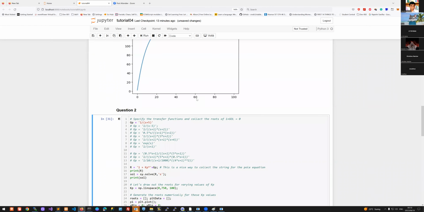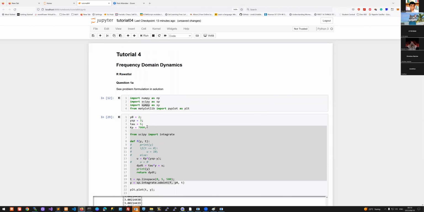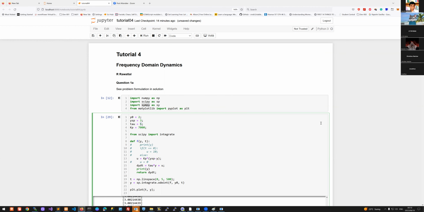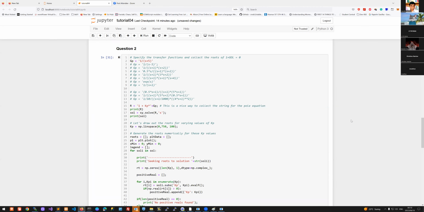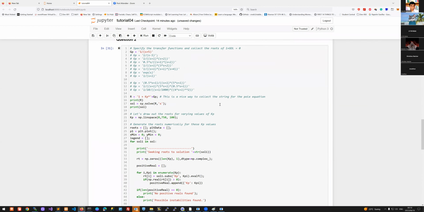If you look at our original problem, your value of tau here was a plus 5. And if you think about your Laplace transformation, that's the same as 1 over s minus 5. So if you run 1 over s minus 5, then those are the roots of interest to us.